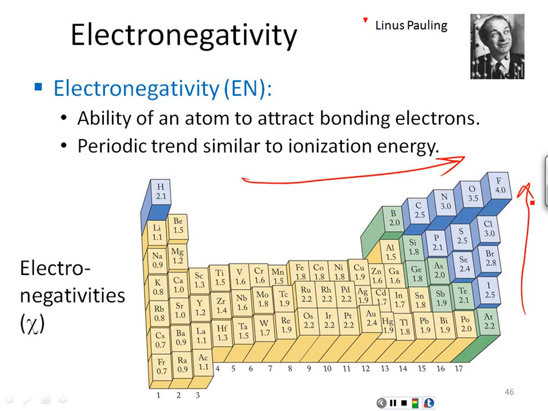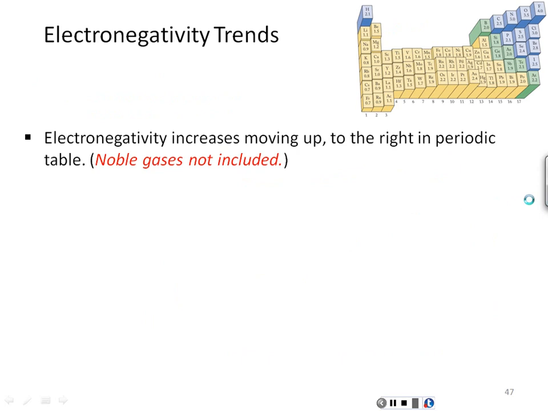So the nonmetals are more electronegative than the metals. When we talk about electronegativity, we don't really consider noble gases because they don't form bonds. The most electronegative element is fluorine.